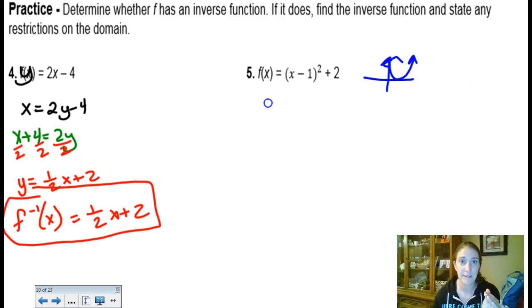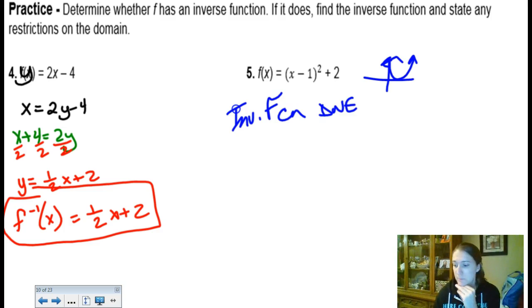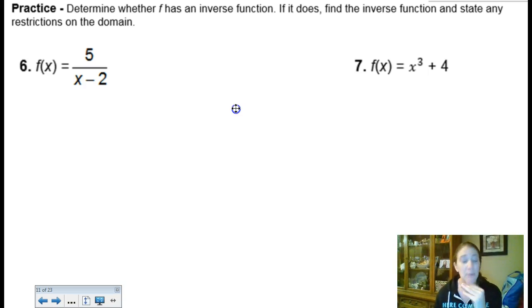So the inverse function does not exist. So since it doesn't exist, we'll have to do it. Now, had they restricted our domain, like cut the parabola off at x equals 1, we could have done a little work with that, and I'll show you what that looks like later. All right, if I graph this guy, it's another one of those rational function problems.